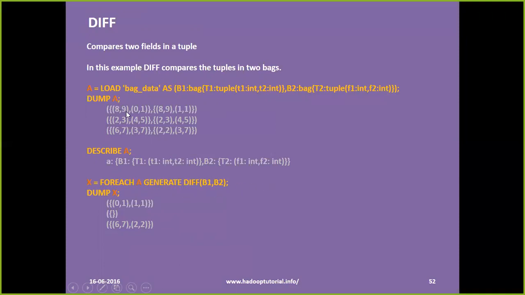So from this 8 comma 9, 8 comma 9, the difference is 0 comma 1 and 1 comma 1. And then this 2 3 4 5, 2 3 4 5, same. 6 7 3 7, 2 2 3 7. So these two are different. Only those differences are shown in the result.